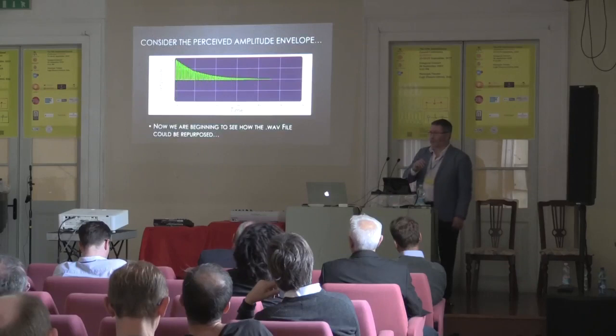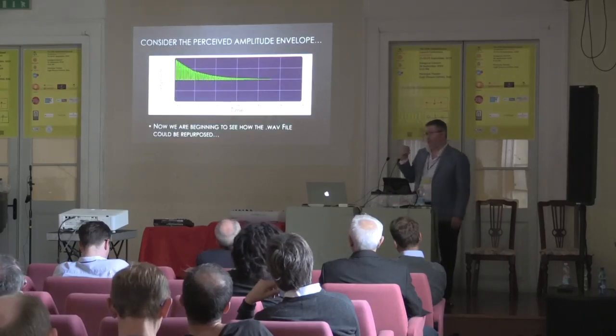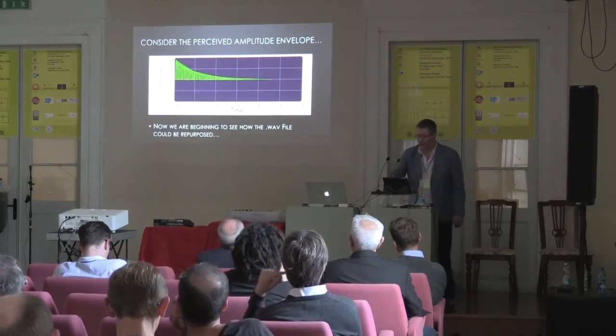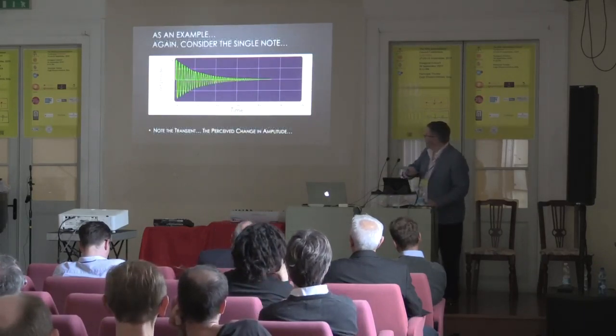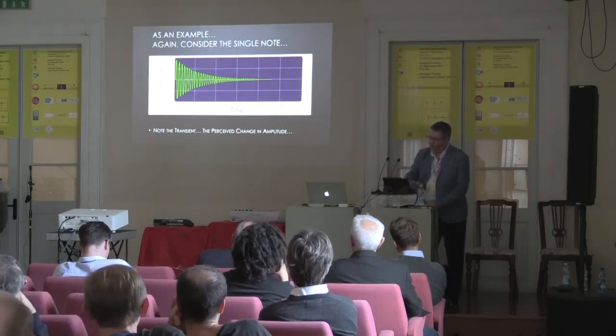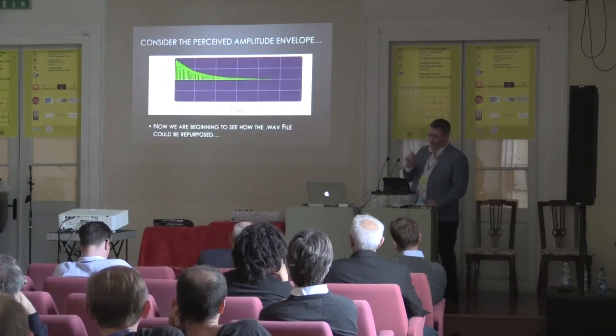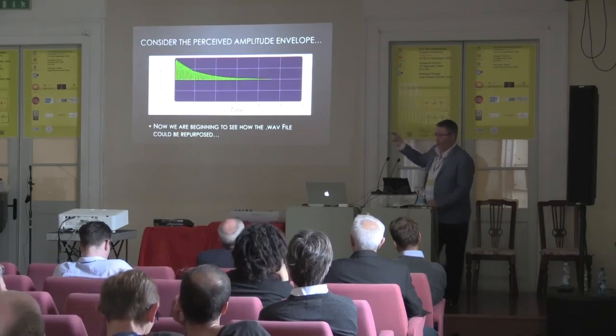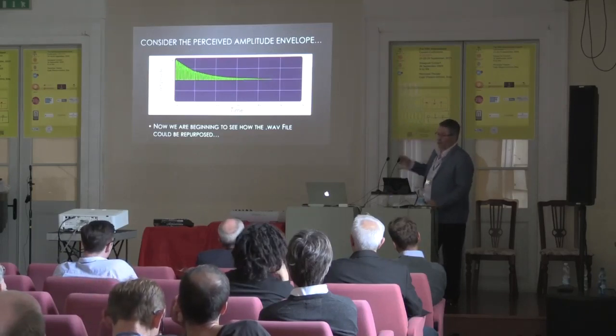So the way we perceive the amplitude of that, you can kind of see here. This is a bipolar, but if we just consider the positive value, it then begins to describe much better how the envelope is changing over time.